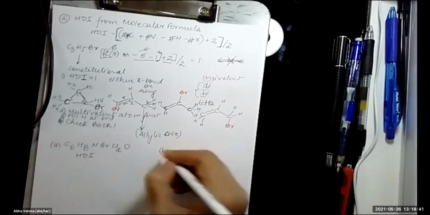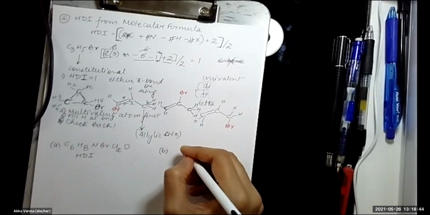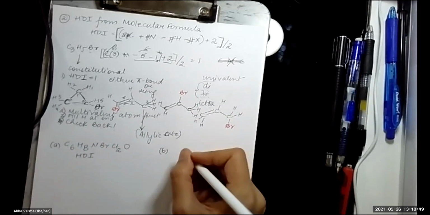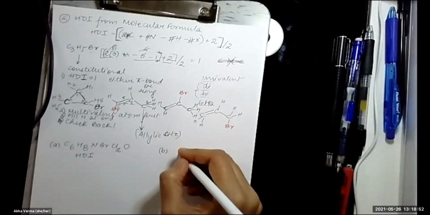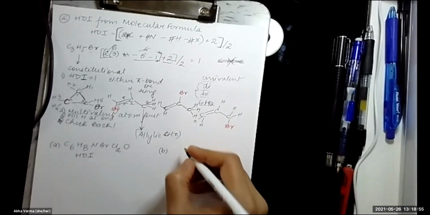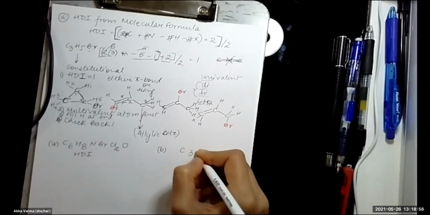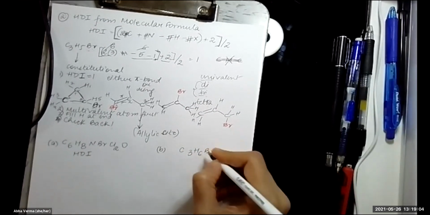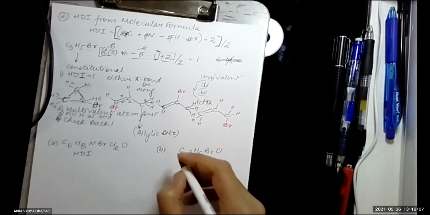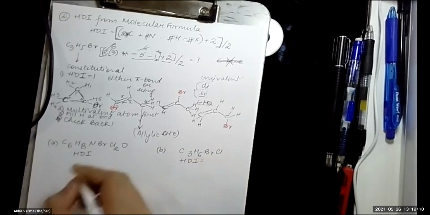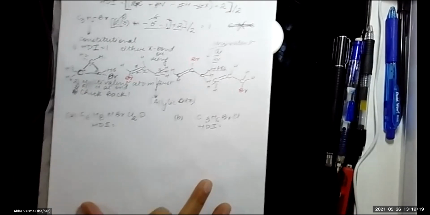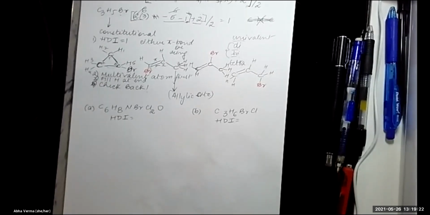A and B. Anybody who has figured out the HDI for the structure A? Any volunteers? Yes. Okay, go ahead, Sammy.